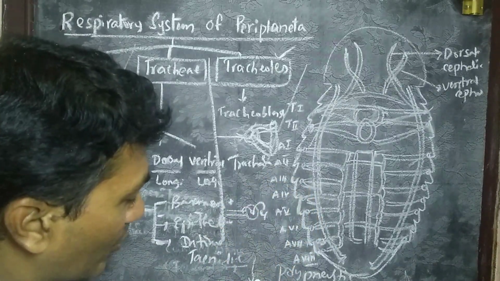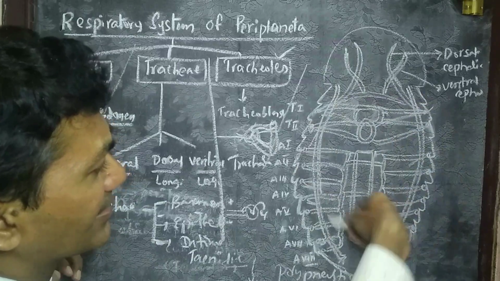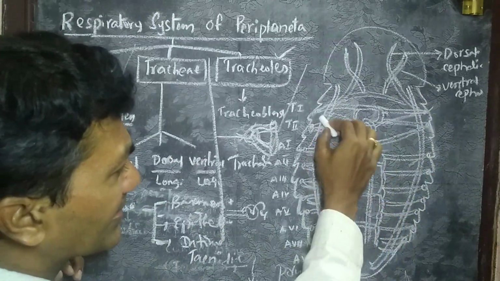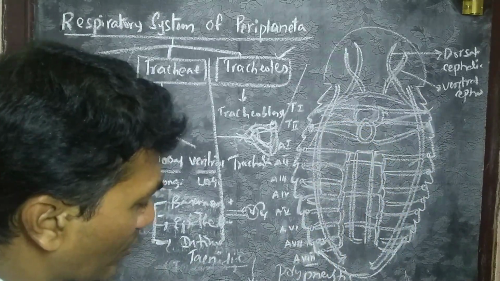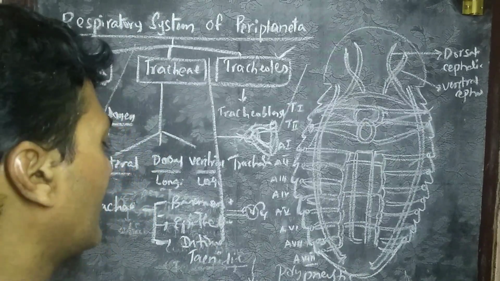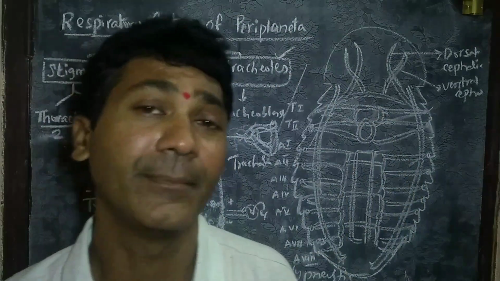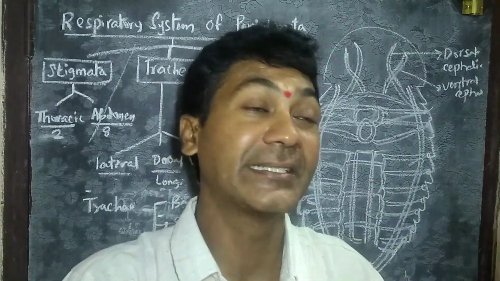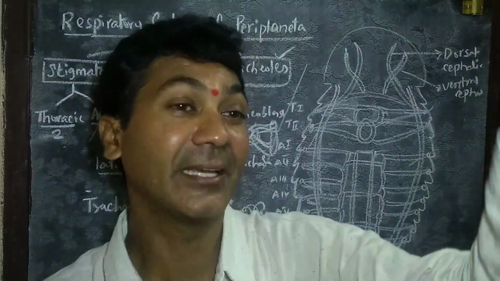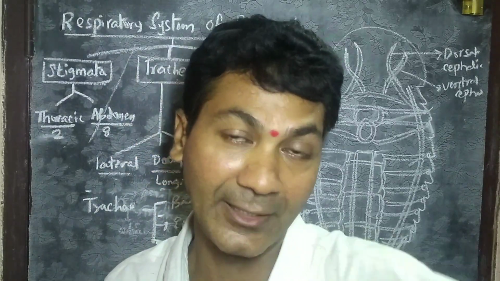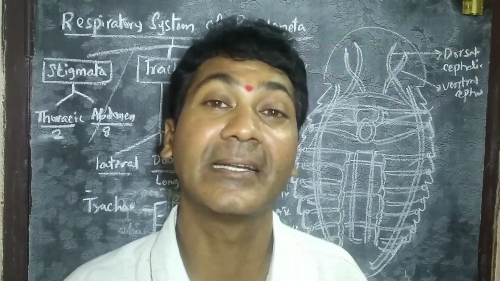So when they come close here, because of the open type circulatory system, blood is everywhere, right? When this carbon dioxide comes very close to the atrium, it diffuses into the atrium of the abdominal stigmata.